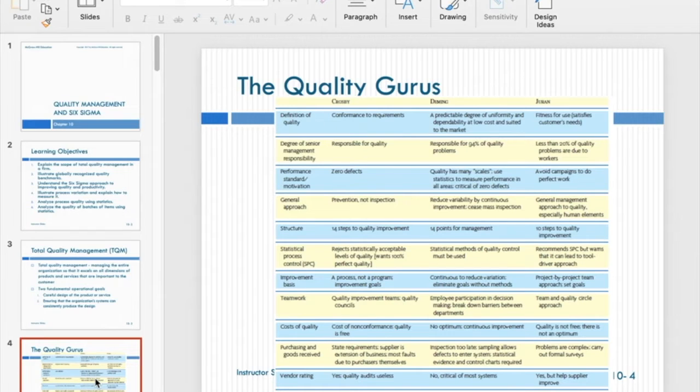I will not talk in detail about every definition of quality from their own perspectives, but if you're interested, you can look through the information in this table. The thing I want to say is that although their definitions of quality management are a little bit different, they are conveying exactly the same general message.